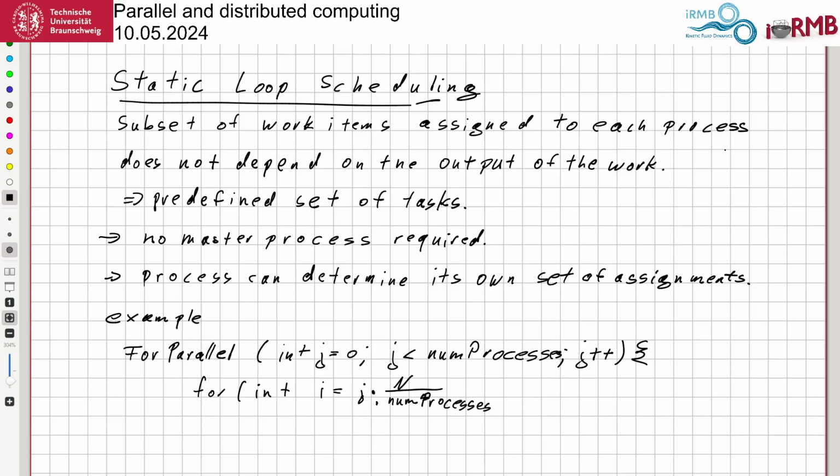This would usually be an integer operation, so it's rounded down, and i must be smaller than (j plus 1) times n divided by num processes. And we are counting upward, and then we do work, and we close our brackets. So this is how we would do it.